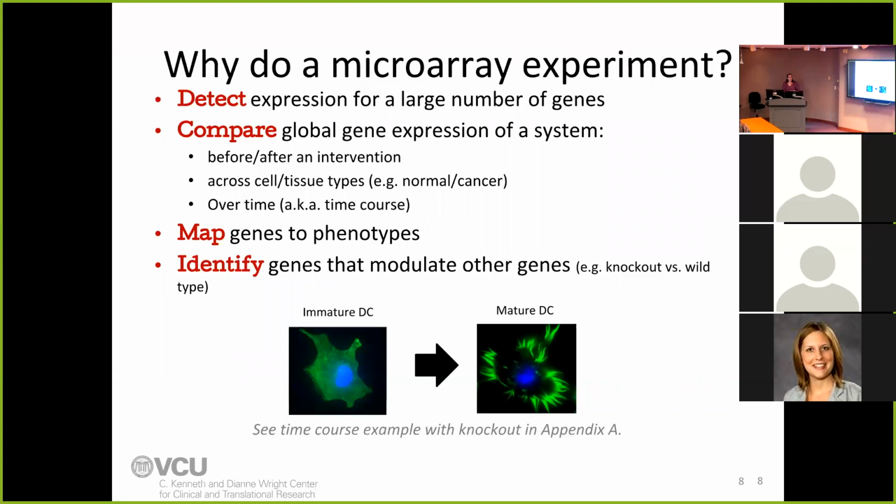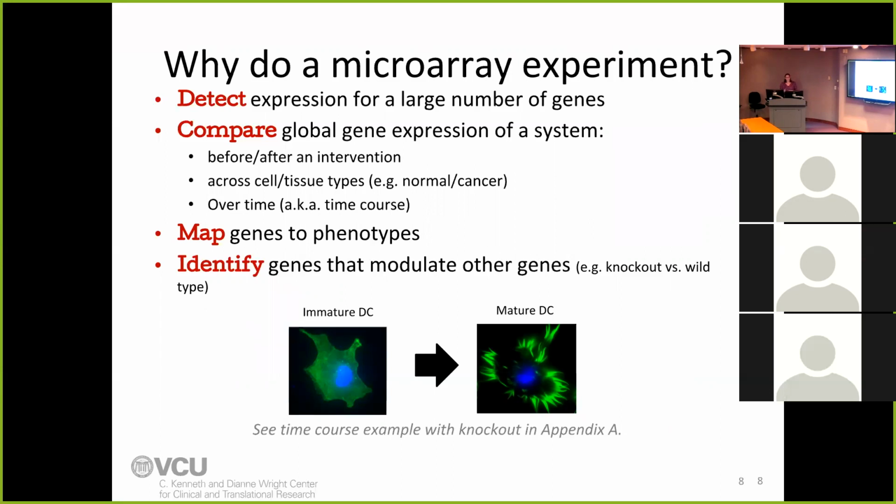With that, you can compare the global gene expression of different systems, for example, before and after intervention or treatment, across cellular tissue types, such as comparing the gene expression between normal tissue and cancerous tissue, or over time. For example, dendritic cell maturation takes about 24 to 48 hours, and you can measure how the genes are changing over time with microarrays.